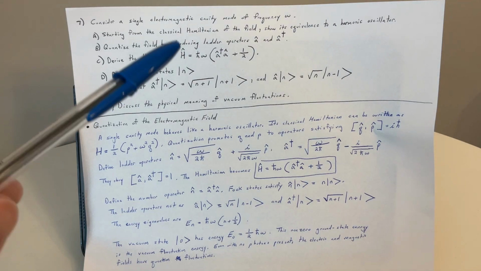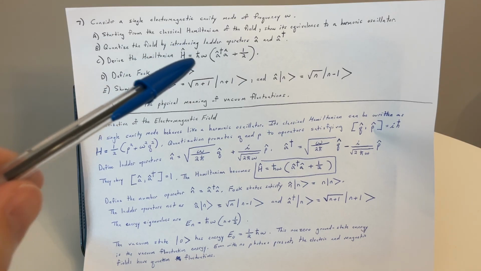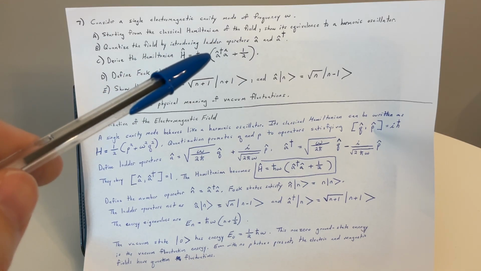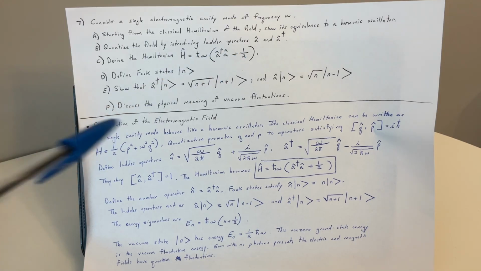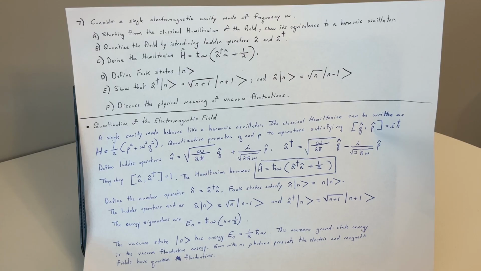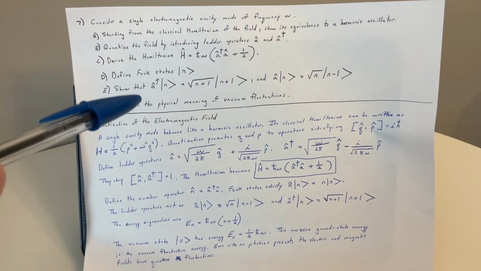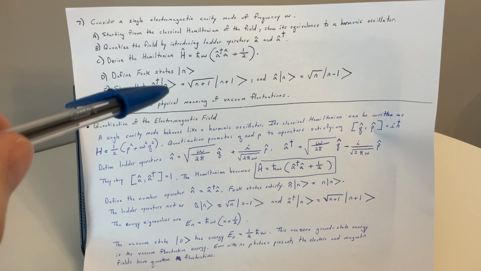Derive the Hamiltonian, which is given as H hat equals h bar omega times the quantity A hat dagger A hat plus 1/2. Define the Fock states ket n, and show the following for A hat dagger acting on ket n.